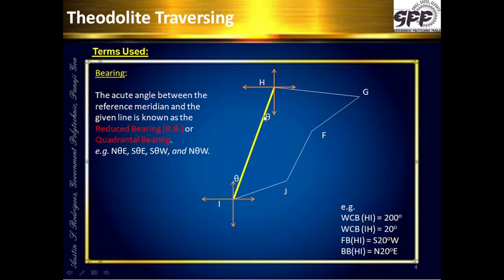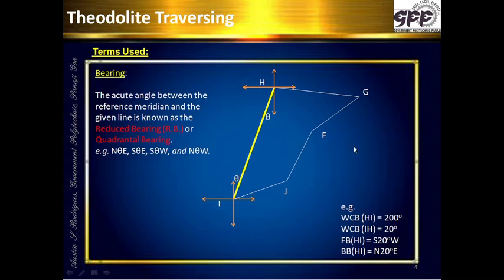Like as in this case, it would be south, theta, west. The bearing of the line HI would be south, theta, west. The bearing of the line IH or the back bearing of the line HI would be north, theta, east.